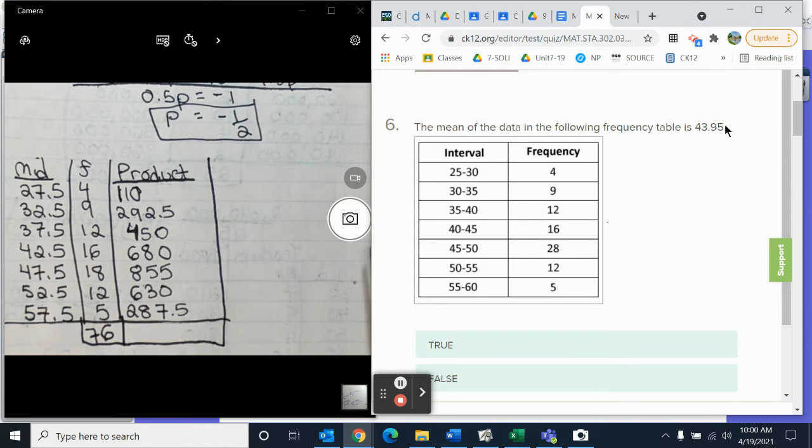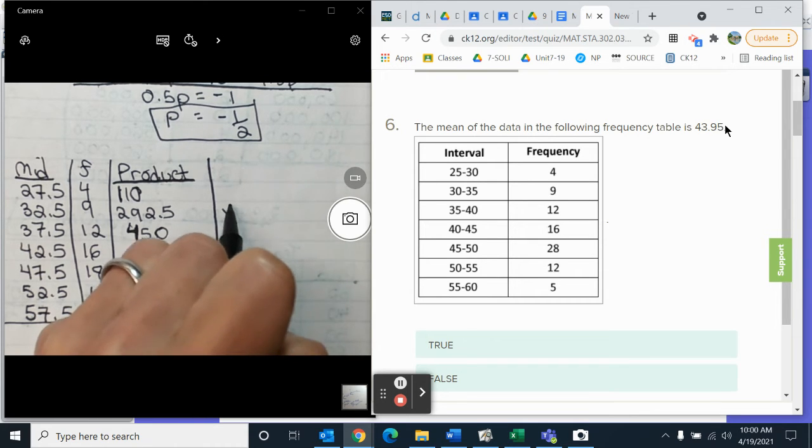And the product is 110 plus 292.5 plus 450 plus 680 plus 855 plus 630 plus 287.5. 3,305.